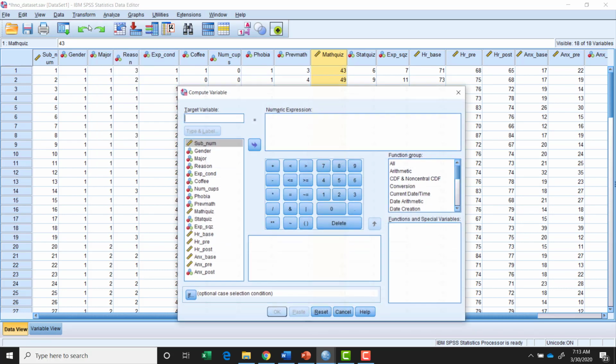Let's go to Transform, Compute Variable, and our target variable, we're going to call it math quiz 100. And then we're going to set equal. Now we have the existing variables down the left-hand side, and we're just going to double-click math quiz, and we're going to put in multiplied by 2. So we've got math quiz 100 equals math quiz times 2, and we're going to click OK.